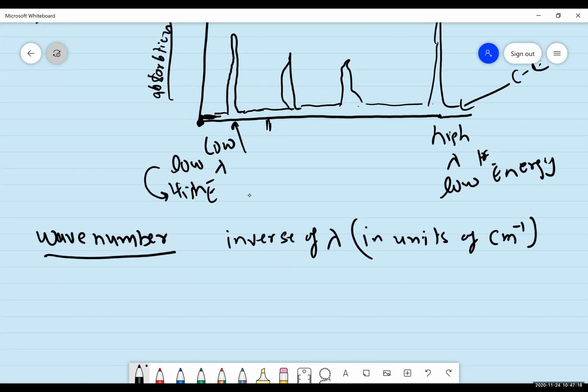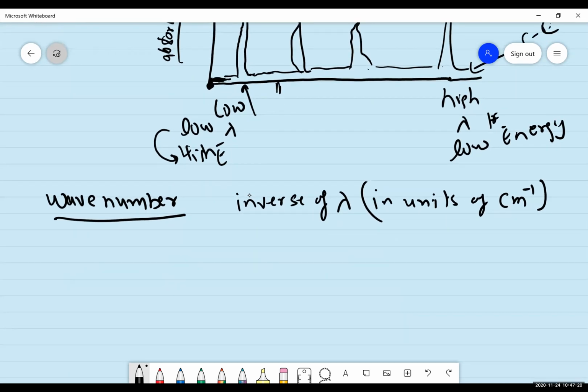Okay, how do we calculate wave number? I'll give you an example. For example, if we have a wave and the wavelength is, let's say, 1 meter, let's calculate the wave number.